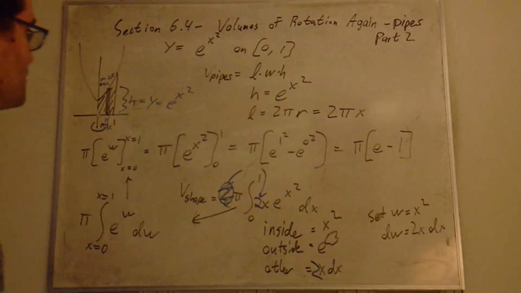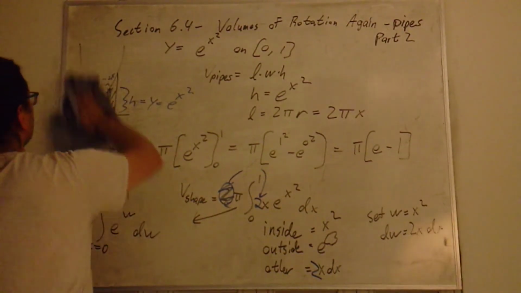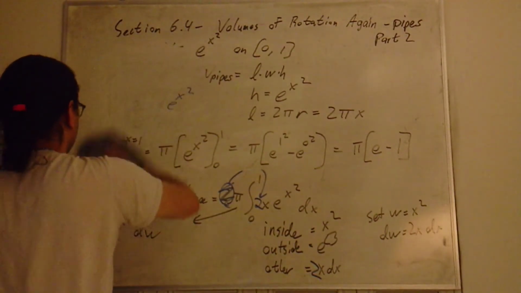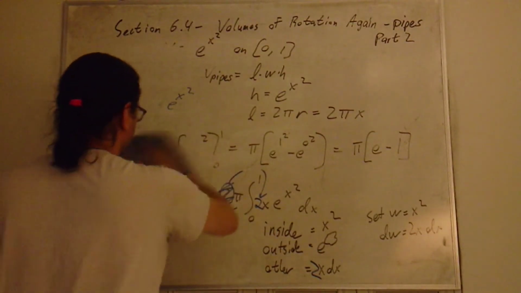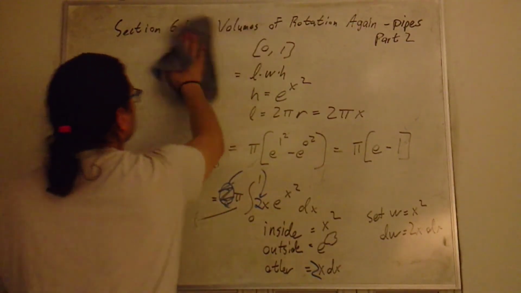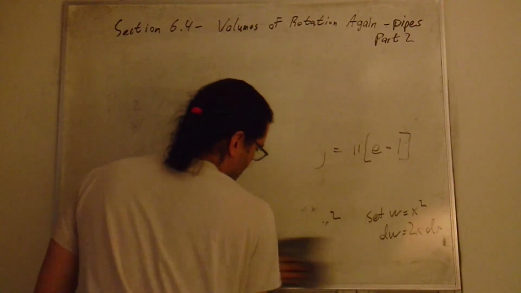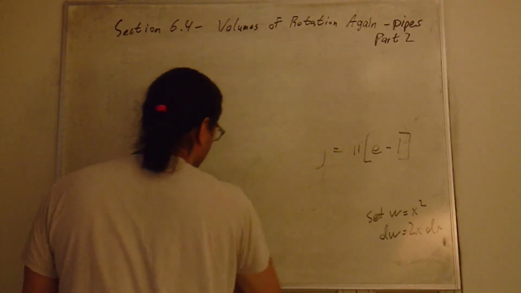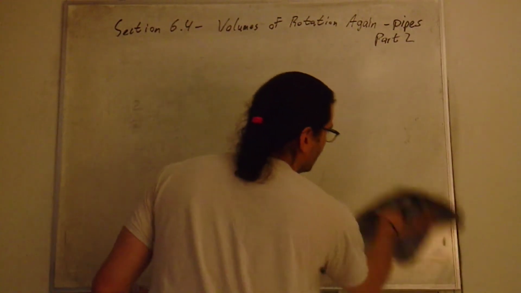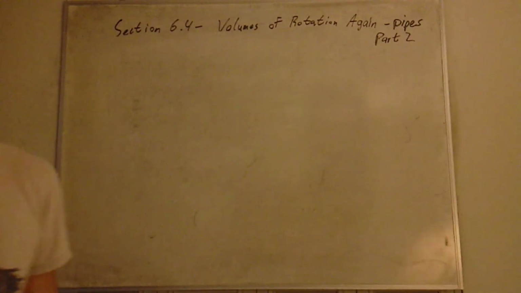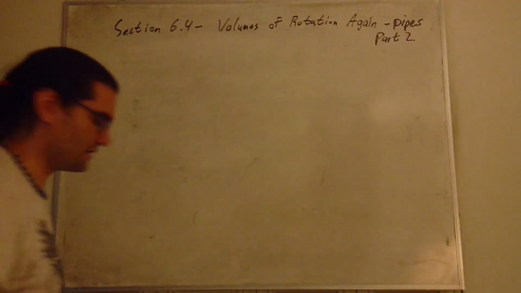I'm going to see if I can squeeze in one more example, because I want you to see what it looks like when we rotate around the x-axis using this technique. We haven't done one of those yet, so let's see if I can do that fast. We're at 14 minutes. Tick tock.